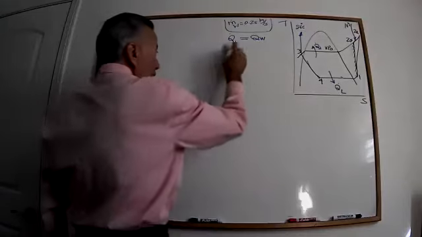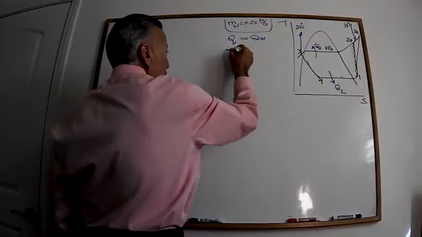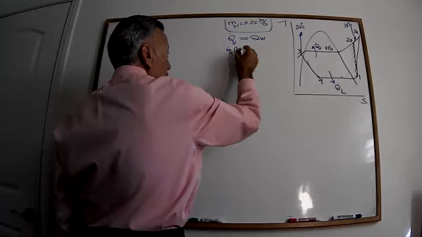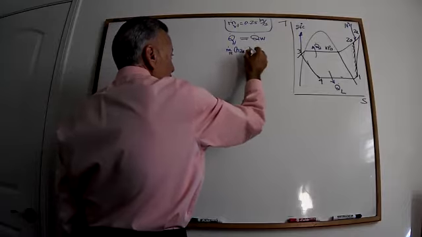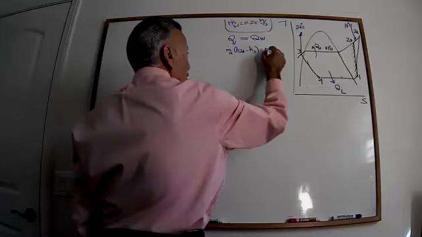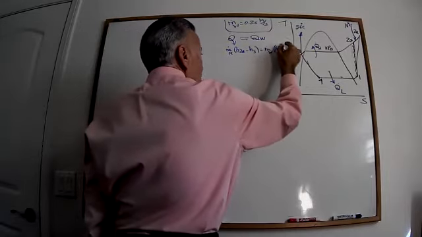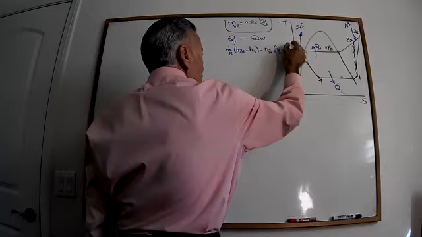So in one side, we have the mass of refrigerant times H2A minus H3. On the other side, we have mass of water times H2 of water minus H1 of water.